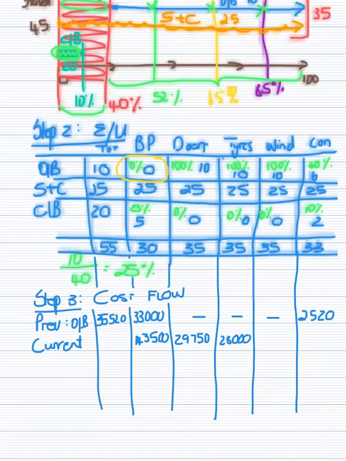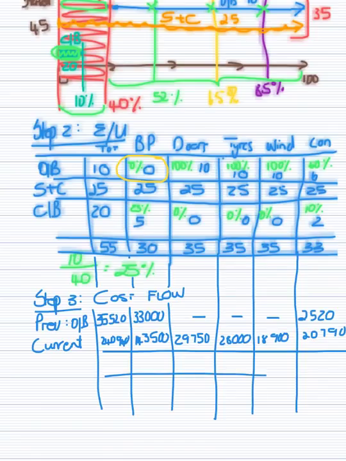For windows and conversion it's 18,900 and 20,790. This all gives me 240,940. I can now simply go and add them all.